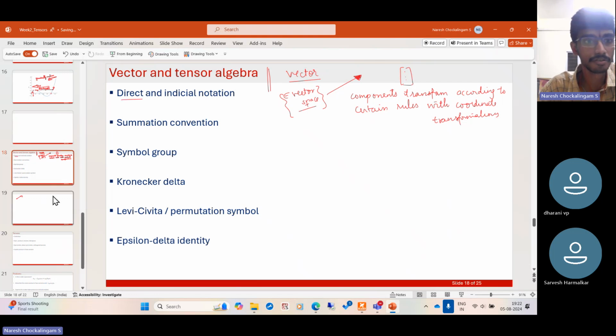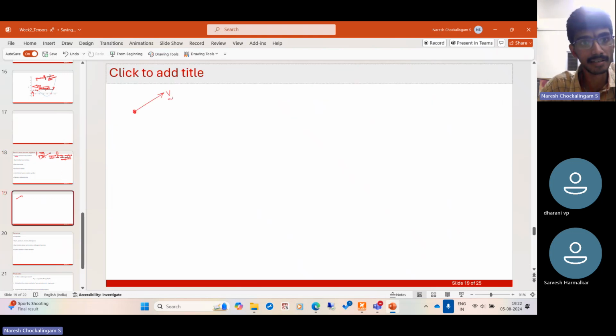Direct notation is where you represent velocity v as a vector. You're not interested in its components. This is a physical quantity of this particle. It has velocity in this direction with some magnitude. But you cannot do operations with this abstract form of v. So a vector, you can think of it as a directed line segment. This is a direct notation.